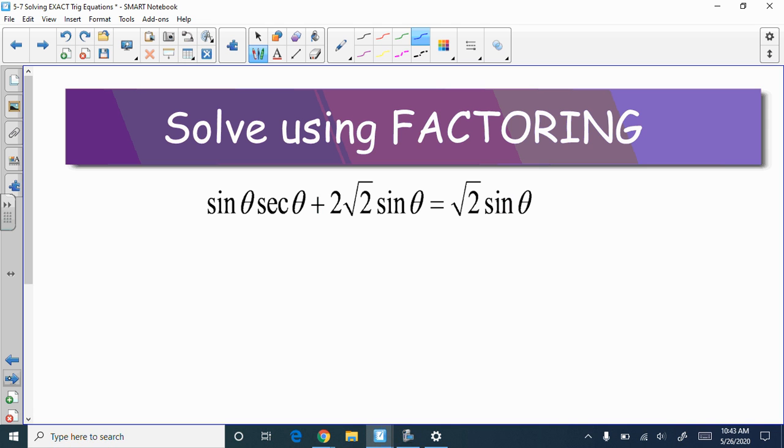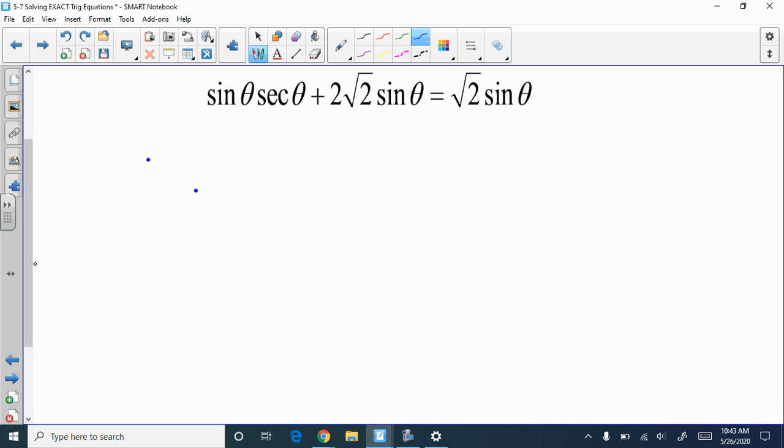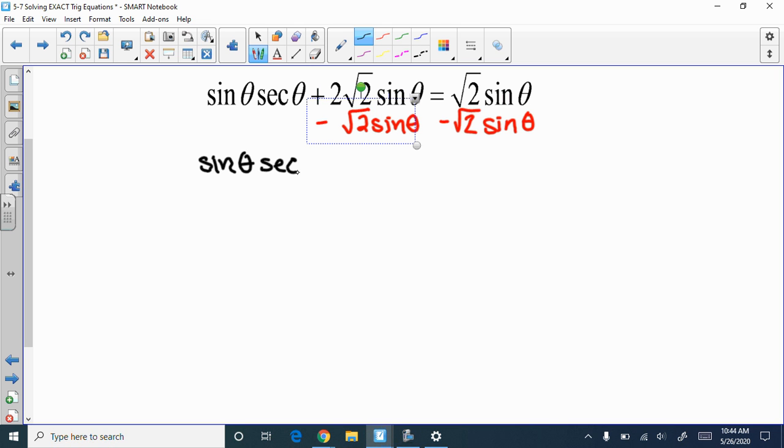All right, let's take another look at one using factoring. I'm going to put everything on one side here. What I can do is subtract square root of 2 sine theta, and so now this leaves us with sine theta secant theta.